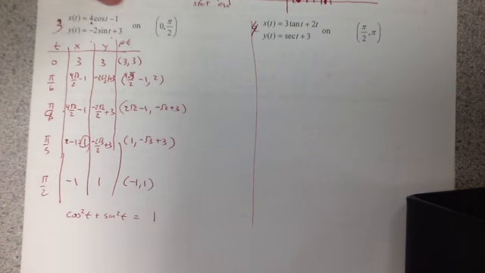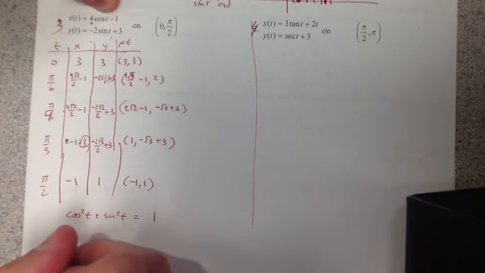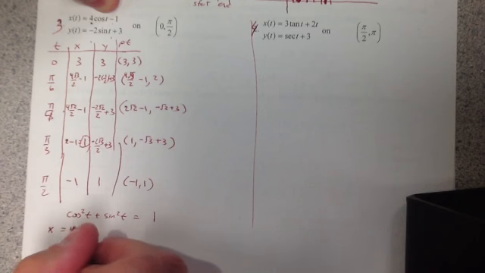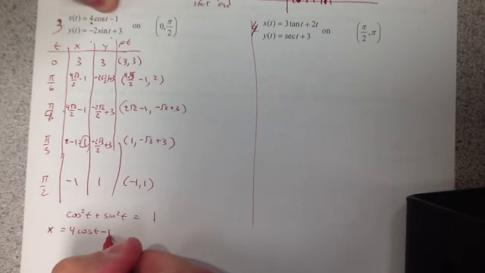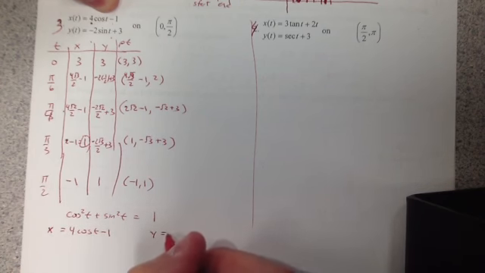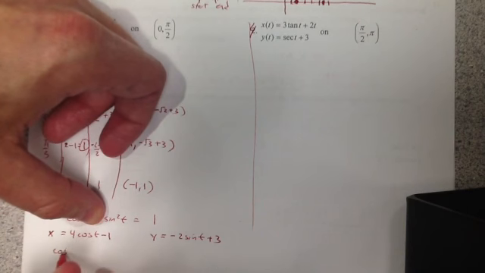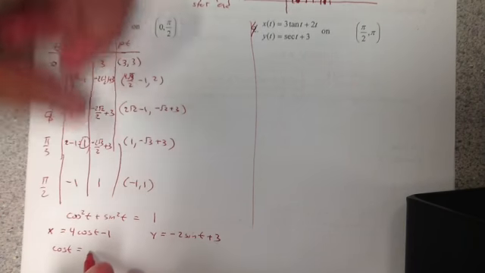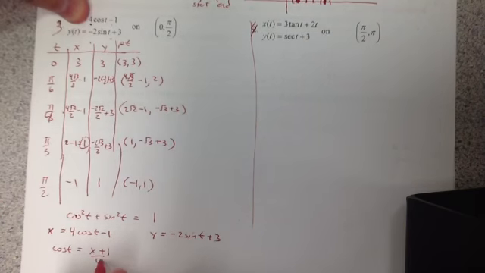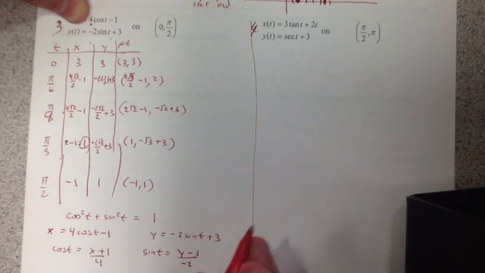Let x equal 4 cosine t minus 1, and y equal negative 2 sine t plus 3. And I'm going to solve. If I solve for cosine, I get cosine of t equals (x plus 1) divided by 4. Do the same thing for sine. We get the sine of t equals (y minus 3) divided by negative 2.